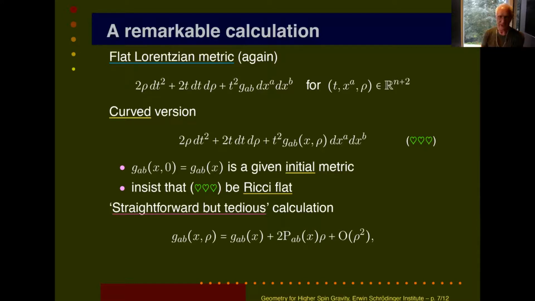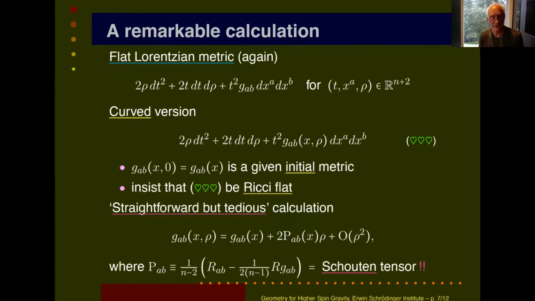And lo and behold, you get a tensor, 2 times rho_AB, at first order. The reason I've written it as 2 times rho_AB is that rho_AB is very standard terminology for a well-known tensor in both Riemannian and especially in conformal differential geometry. It's the so-called Schouten tensor.